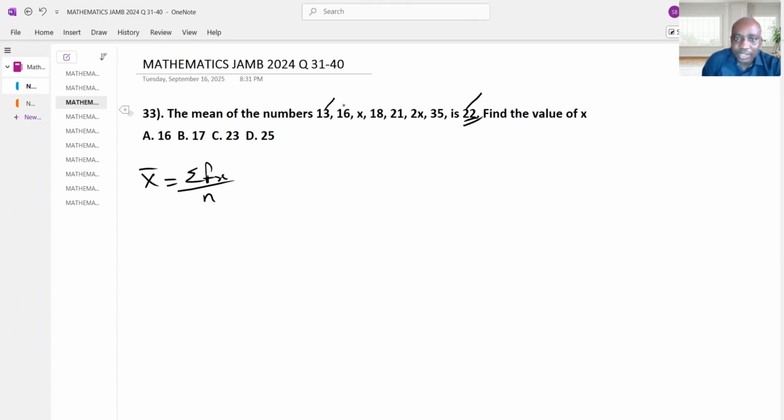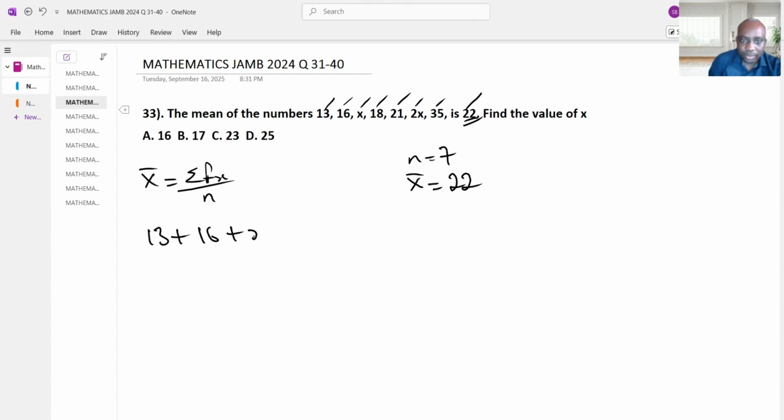Let me count it. 1, 2, 3, 4, 5, 6, 7. They are all 7, which means the n will be 7. And we are going to add all these numbers together. The question has given us the mean already, which is 22. Therefore, let's add everything together: 13 plus 16 plus x plus 18 plus 21 plus 2x plus 35.